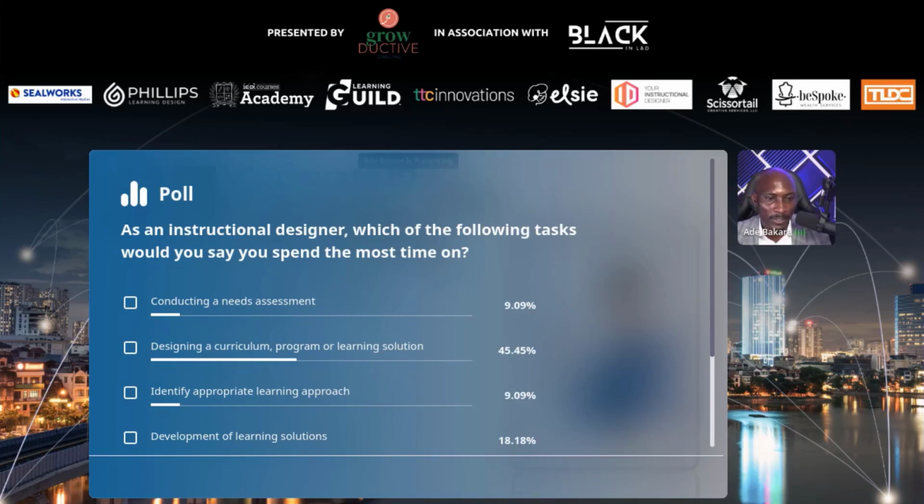Conducting a needs assessment. All right. Looks like designing a curriculum program or learning solution is in the lead. It's actually very interesting because I was thinking it would be development of learning solutions because, for me, I would say that's probably the one that tends to take the most time.